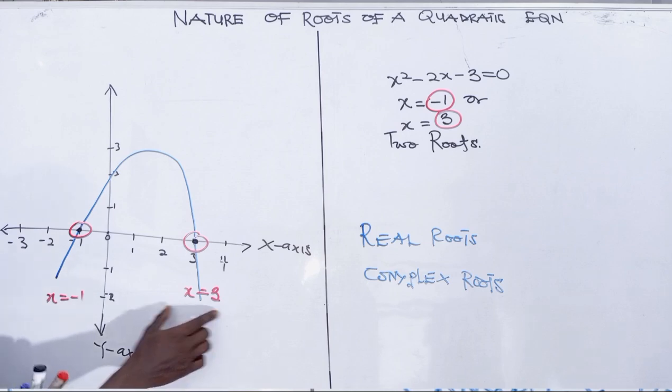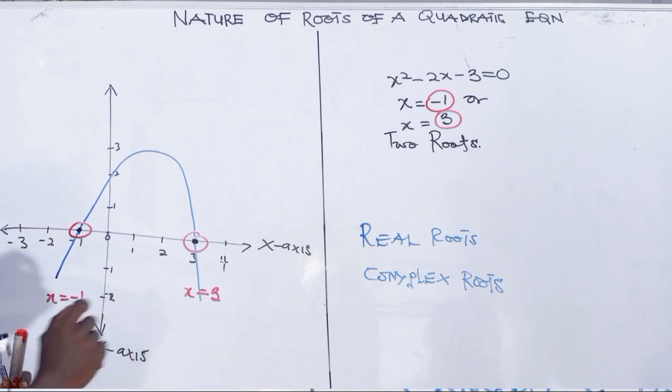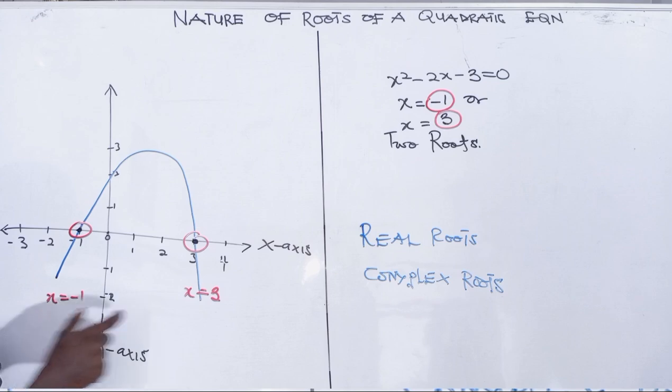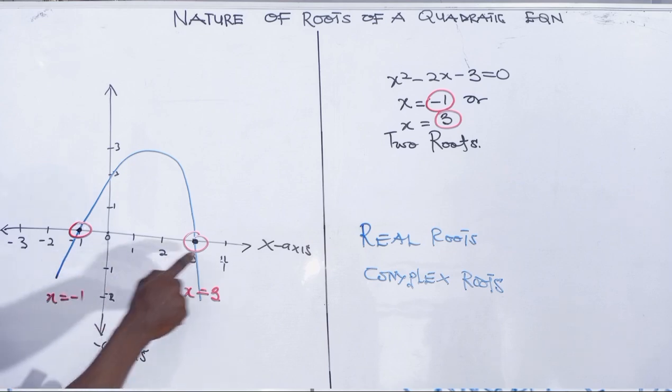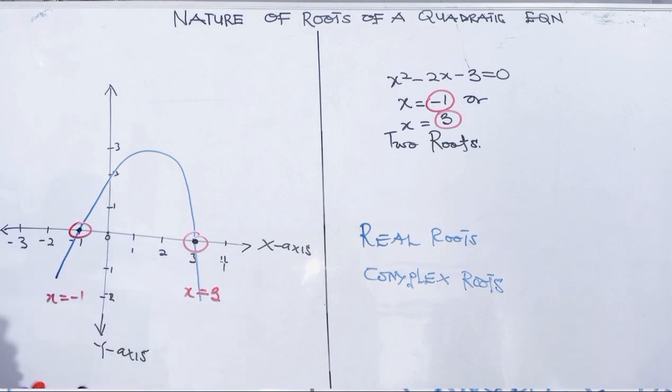Now these roots, are they real or complex roots? Are they real numbers or complex numbers? They are real numbers because they can be plotted on the x and y plane. So when the curve intersects the x-axis at two different points, then the roots of this quadratic equation are going to be what?